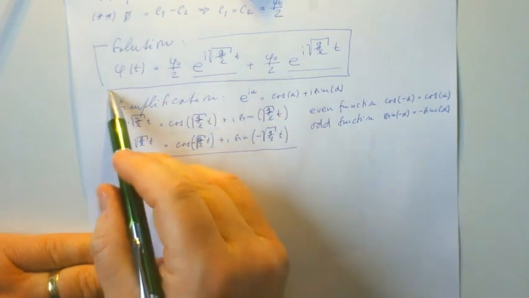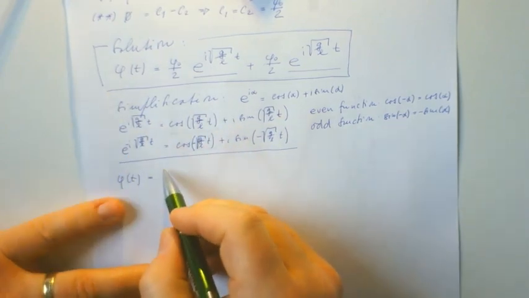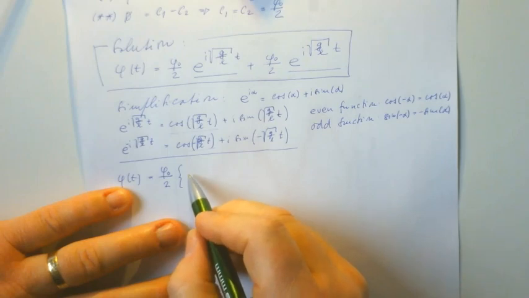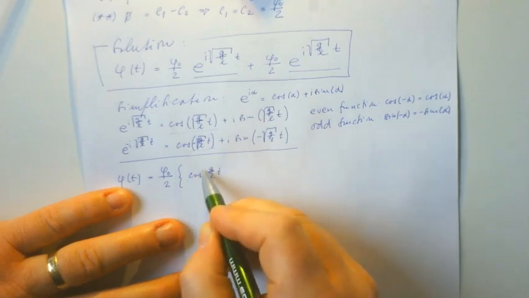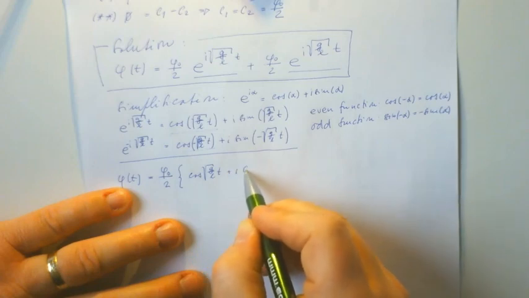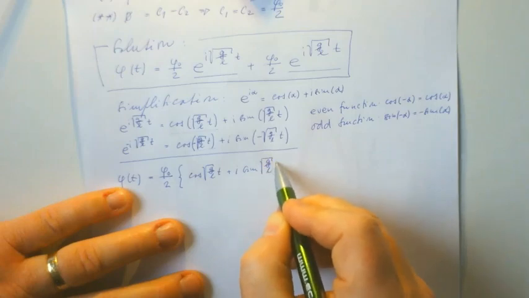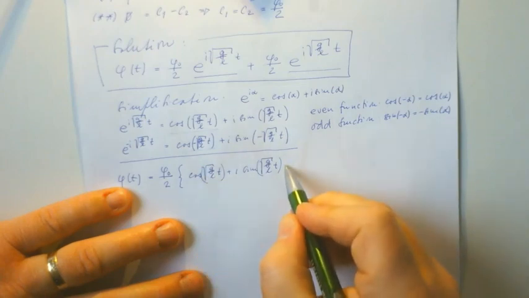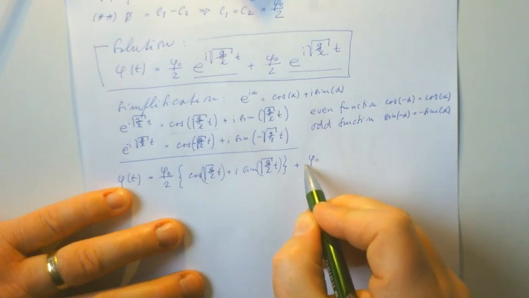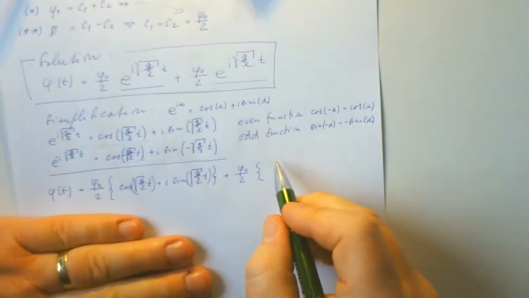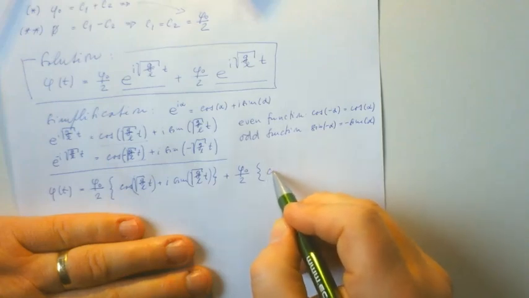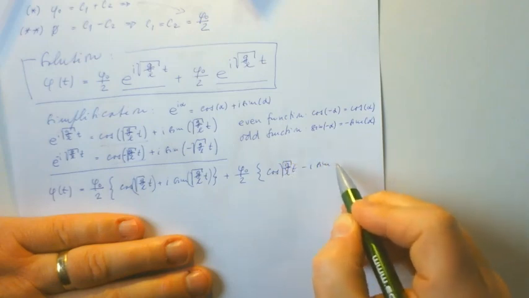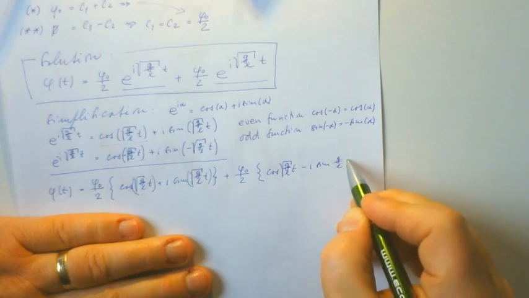So I can rewrite this solution so that phi of t is equal to phi 0 over 2 times cosine of g over L t plus i sine of g over L t, plus phi 0 over 2 times cosine of g over L t minus i sine of g over L t.